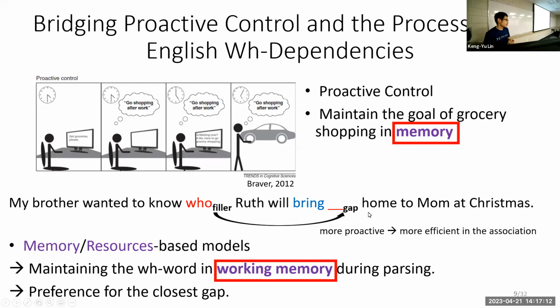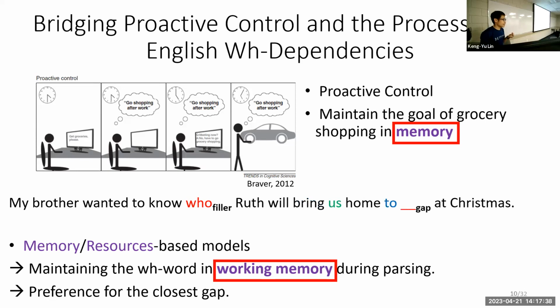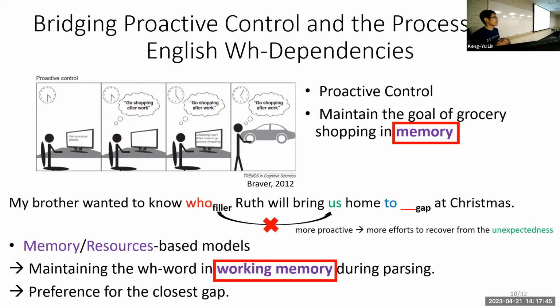Here, as you can see, this is the closest gap. If you are more proactive, you might be more efficient in terms of the association, because you are going to expect a gap when you read WH dependency sentences. But when the closest gap is unexpectedly occupied, being more proactive might come as a disadvantage.